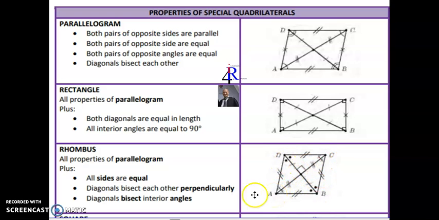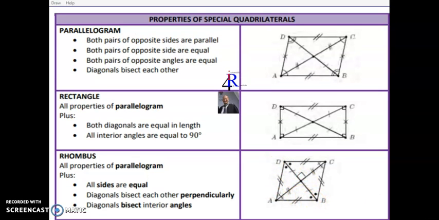So the midpoints, although they meet in the same place, are not necessarily the same length. When I work with the diagonals, I also notice that the diagonals bisect the interior angles, and this applies on both sides.